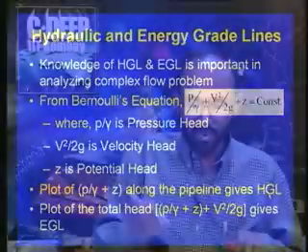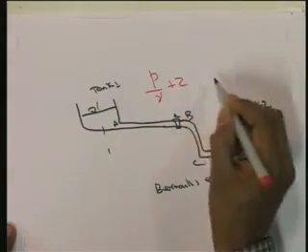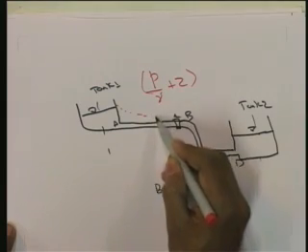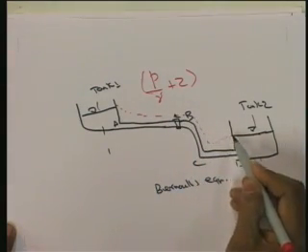So if we plot P by gamma plus Z for such a pipeline system, we can plot for various systems.